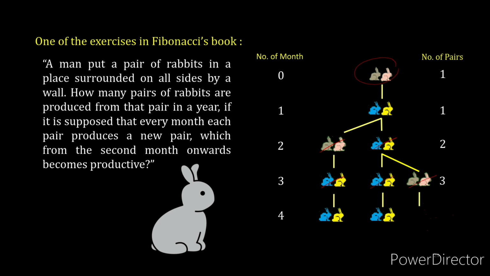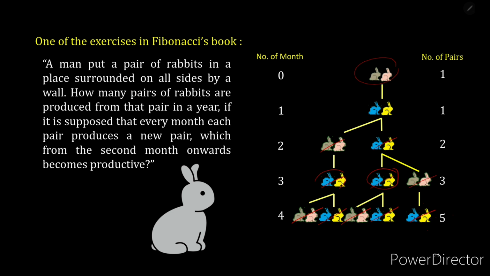And, yung second batch nung pares, nung anak nung unang pair natin, ay tumanda. Ngayon, since eto lang ang adults sa third month natin, sila lang po yung possible na mga anak. So, eto, meron siyang another baby rabbit. Then, ito naman ay nag-produce ng kanilang pares ng rabbit. Ngayon, meron tayong 5 pairs.